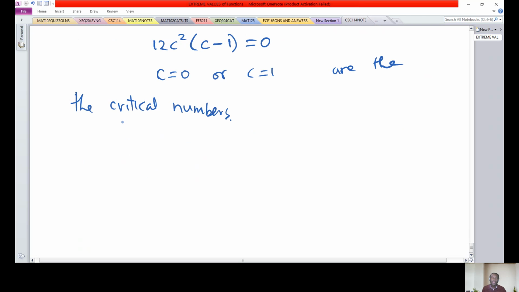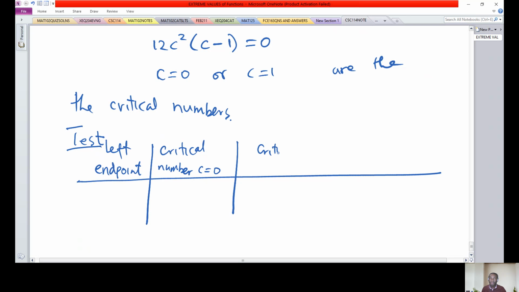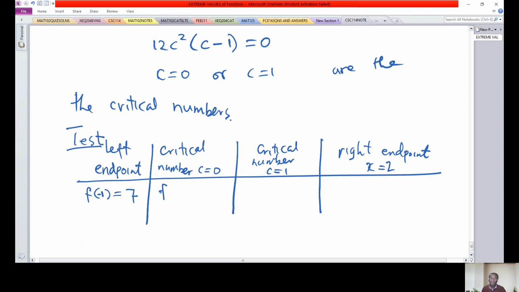Now we test. We can draw a table: left endpoint, critical number c equals 0, critical number c equals 1, and then right endpoint x equals 2. f at -1 is 7, f at 0 is 0, f at 1 is -1, and f at 2 is 16.